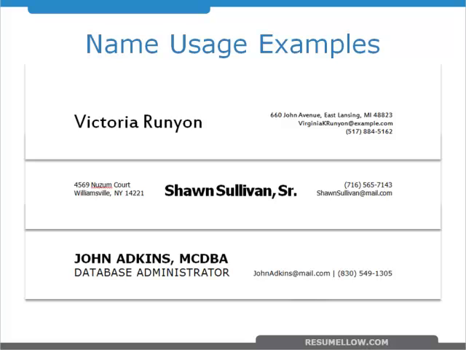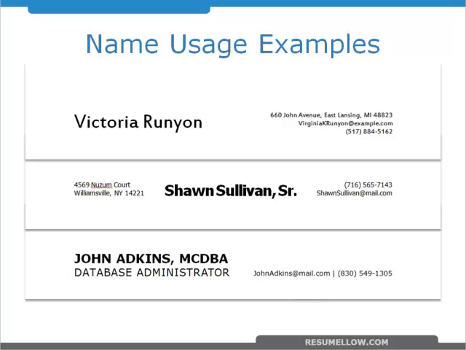Now, in this third example, we've got John Adkins. He's a Microsoft Certified Database Administrator. And so that would be appropriate to list on his resume after his name if he were looking for a database administrator job. If he's trying to start a landscaping company, then it's probably not going to be terribly important.